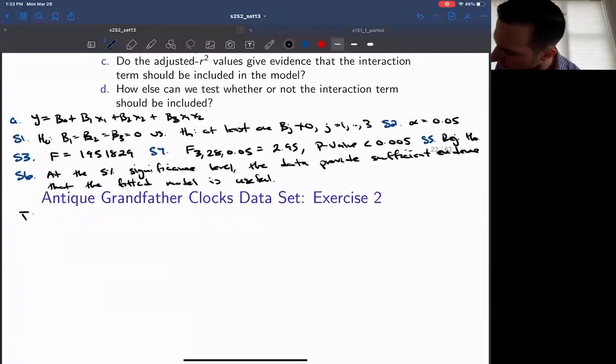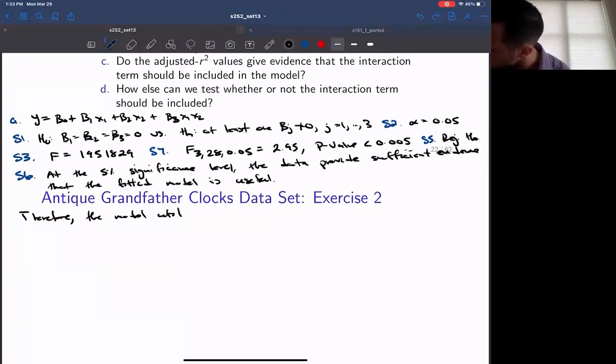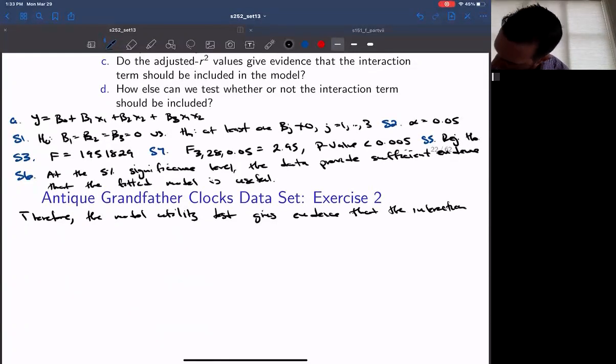Okay, so therefore, the model utility test gives evidence that the interaction model is useful.